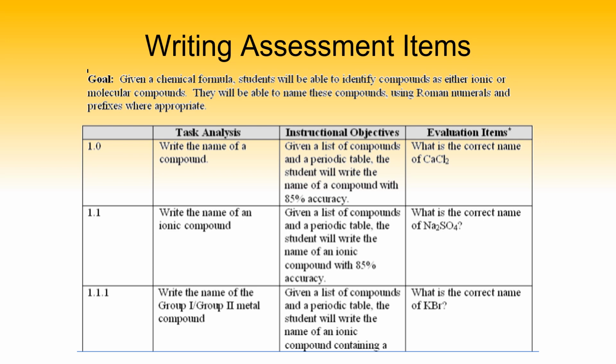For example, here we have the overall goal of training. And then we're looking at the elements of the task analysis. We want them to write the name of a compound, write the name of an ionic, and then write the name of something else. Based on that, we're going to write instructional objectives, and here they are, using the ABCD method.